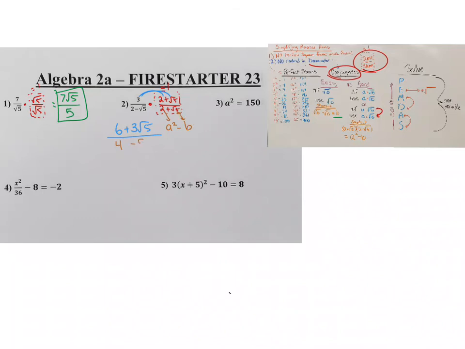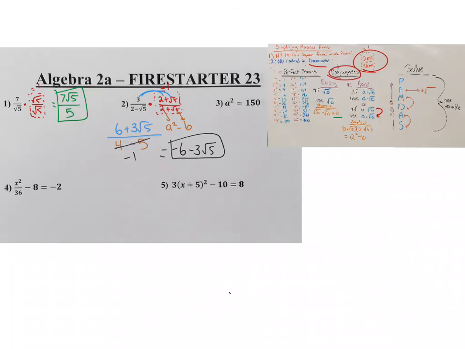So I put minus 5. So the bottom becomes just 4 minus 5. That's it. So I don't have to FOIL it. It's way easier if I don't try to FOIL it. So I have 6 plus 3 radical 5 all over 4 minus 5, which, remember, turns into negative 1. So I'm going to split my fraction because it's negative 1. I end up with negative 6 minus 3 radical 5. That's the best answer.